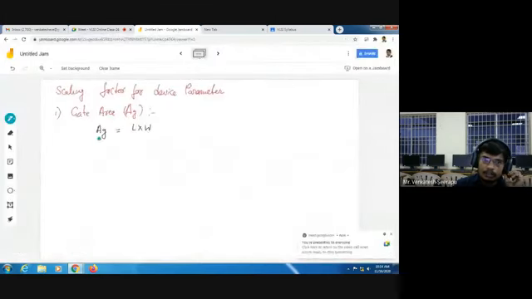All of you know that the formula for gate area is L into W. Now what is the scaling factor for L?